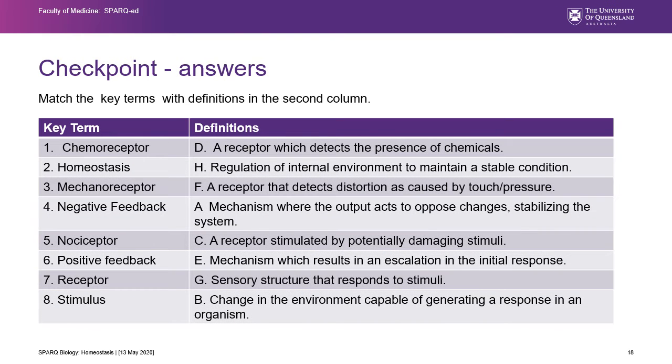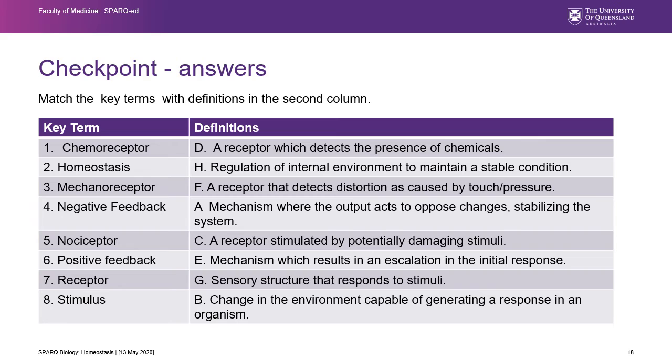Let's take a moment to check a couple of those answers. Key term 3 was a mechanoreceptor. A mechanoreceptor is a receptor that detects distortion as caused by touch or pressure. So F is the most appropriate response. Negative feedback, key term 4, is a mechanism where the output acts to oppose changes, which stabilises the system.